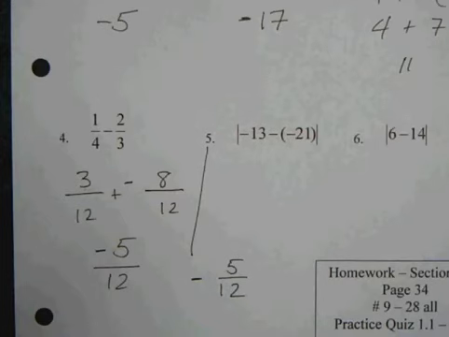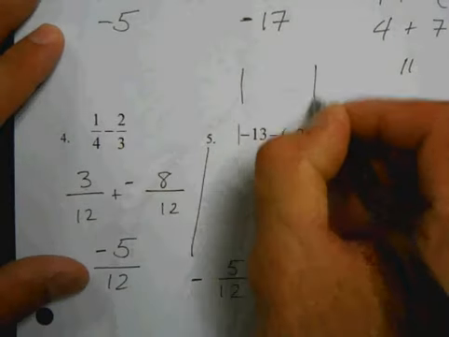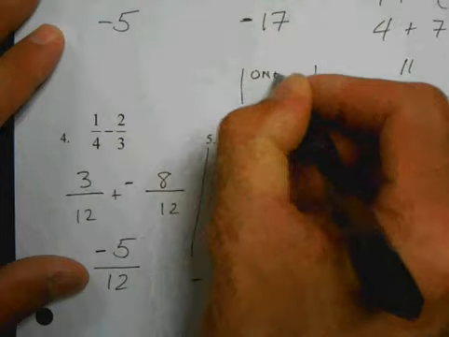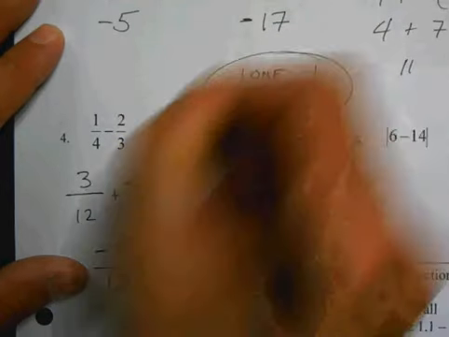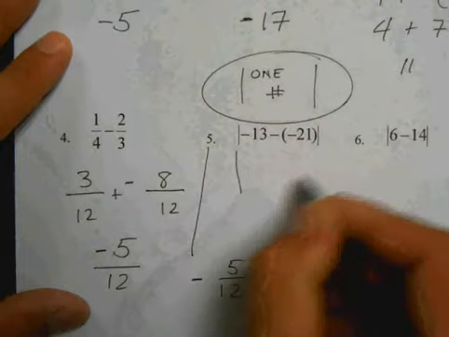So do I say positive 13 and positive 21, add them together, I get 34, so my answer is 34? No. When you have absolute value, get that part in the absolute value down to one number. We always want to take the absolute value of one number. So before we do the absolute value, we've got to simplify this.